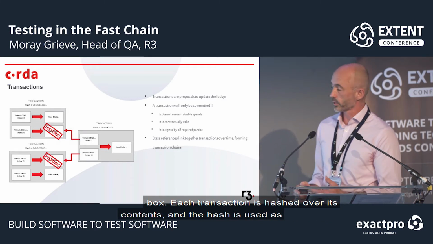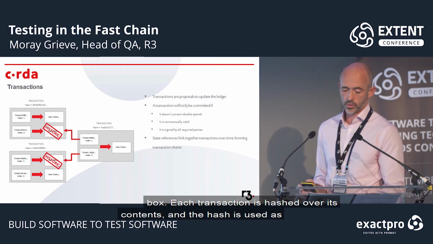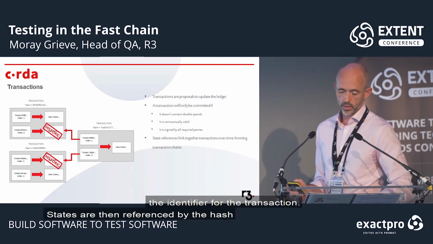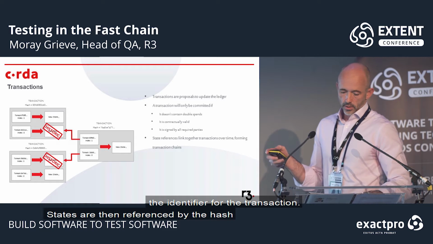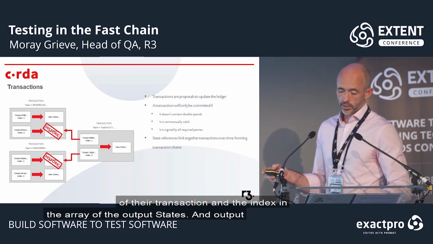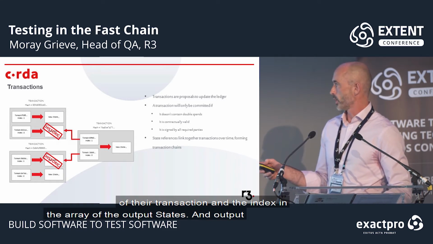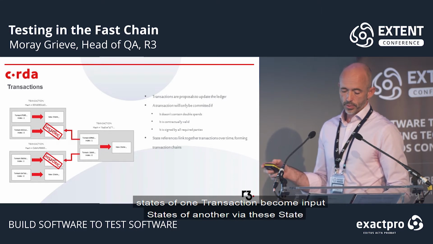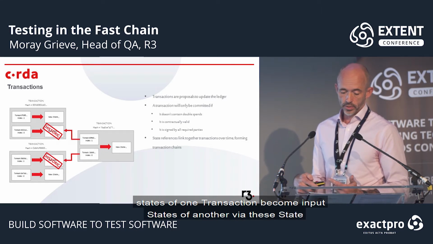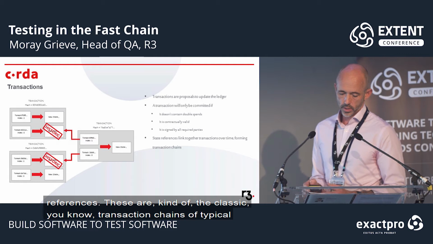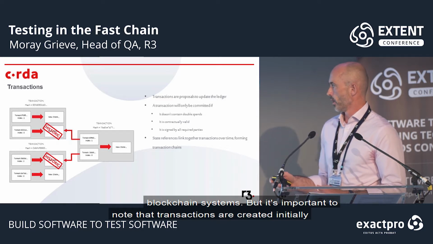Each transaction is hashed over its contents, and the hash is used as the identifier for the transaction. States are then referenced by the hash of their transaction and the index in the array of the output states. And output states of one transaction become input states of another via these state references. These are the classic transaction chains of typical blockchain systems.